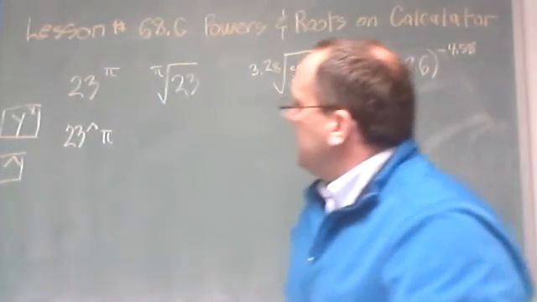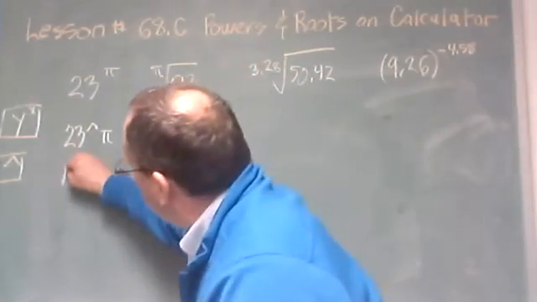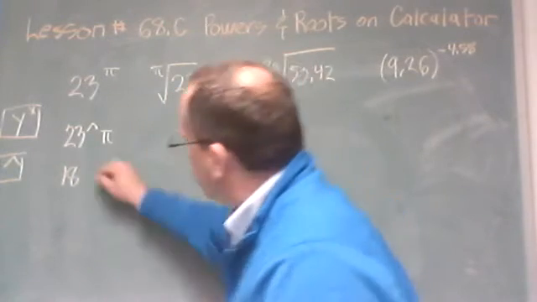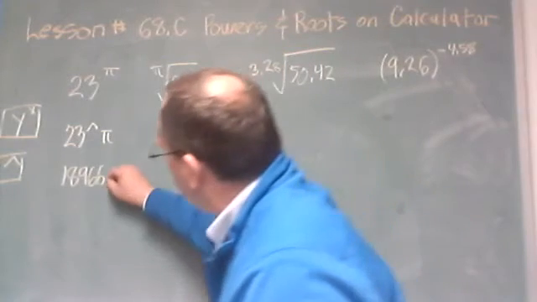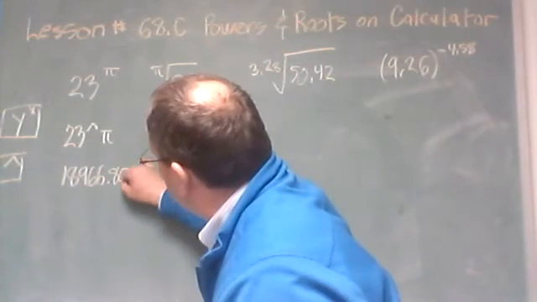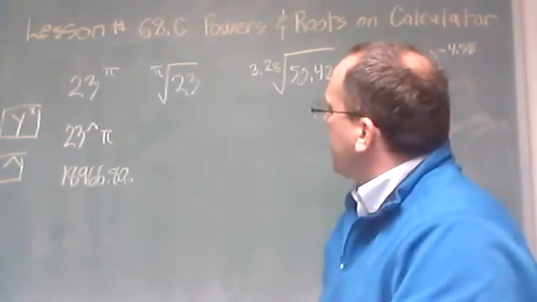So it actually does that. I hit the equals. I get 18,966.80 with other decimals. Okay, and that's what the book got as well.